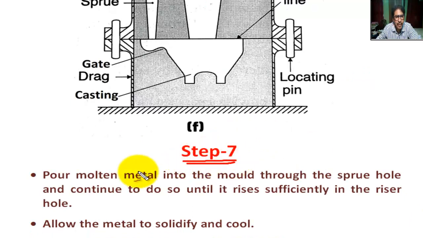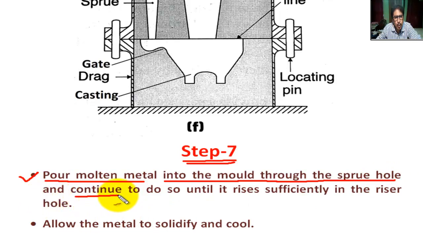Now step 7. Pour molten metal into the mold cavity through the sprue hole and continue to do so until the metal rises sufficiently in the riser hole.